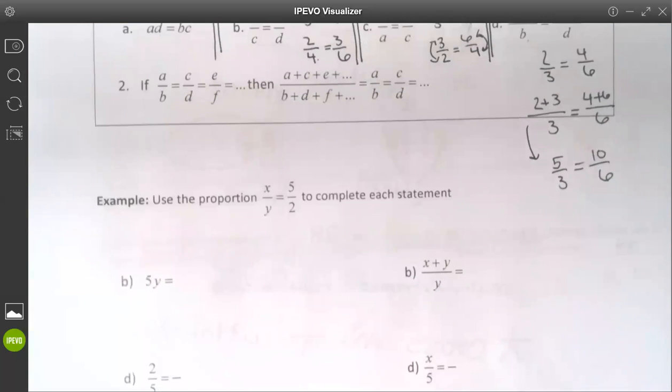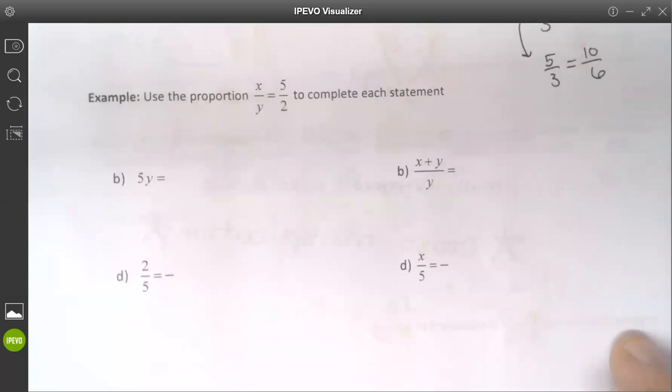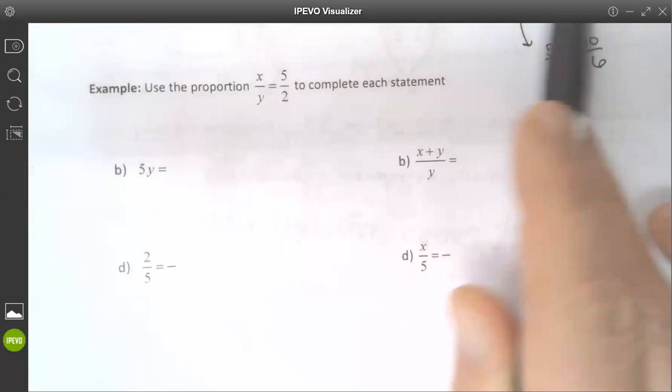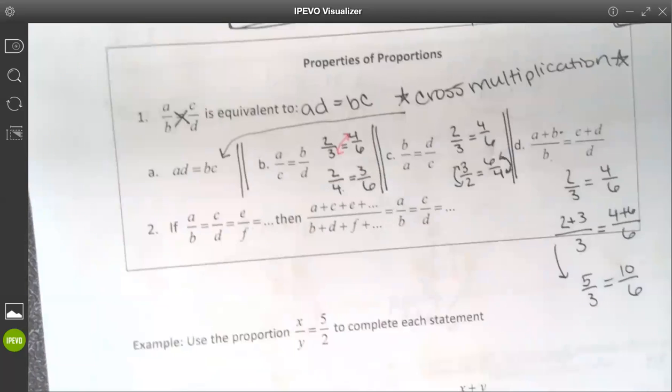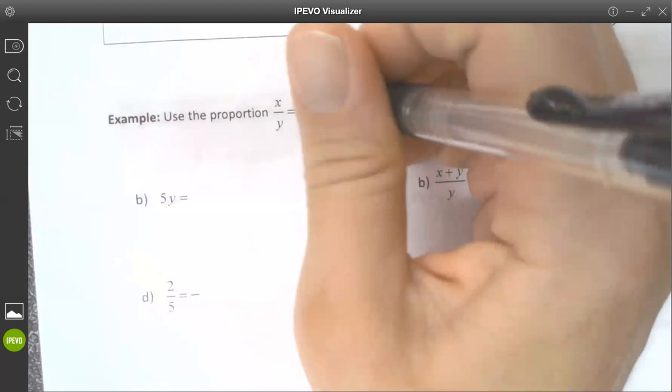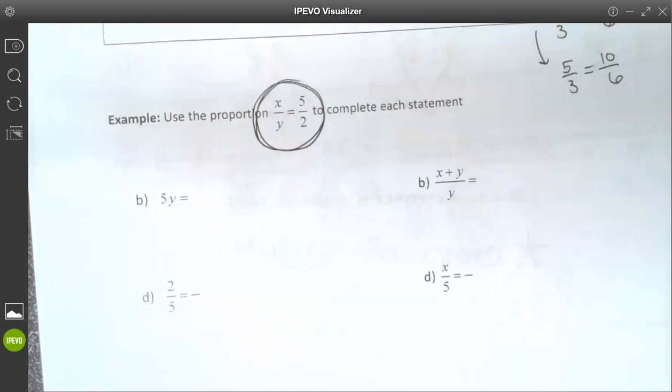This is the trickiest part of our notes. We're going to decide which thing from up above, A, B, C, or D, was used to change this original proportion. Here's my original proportion.